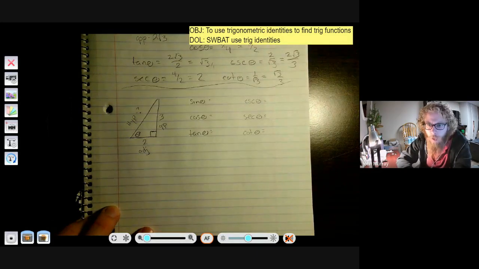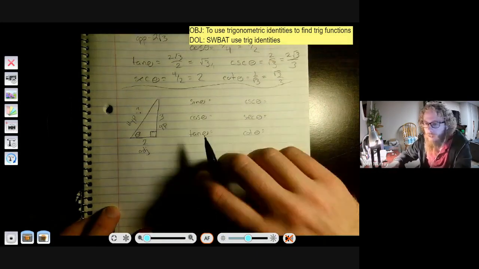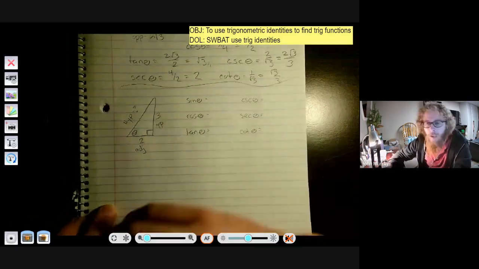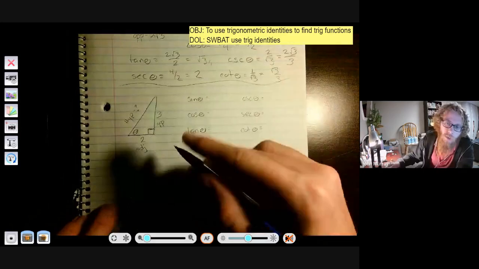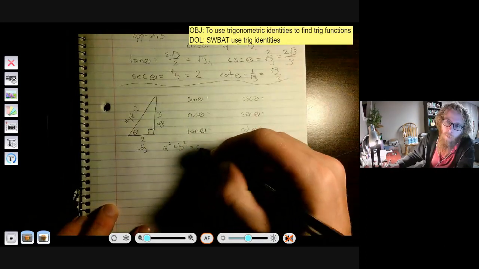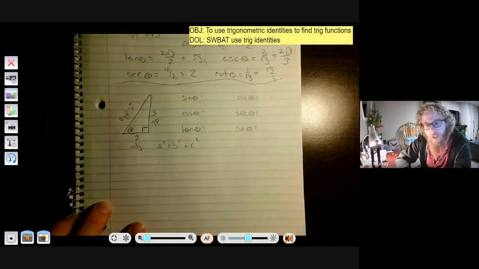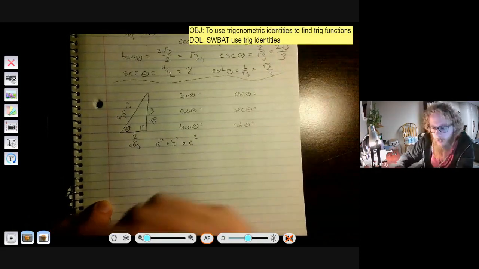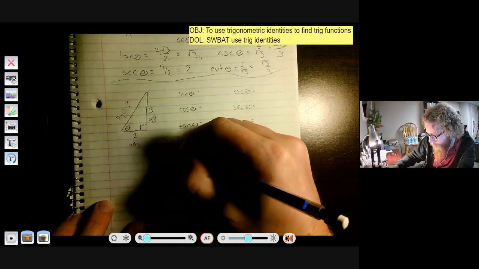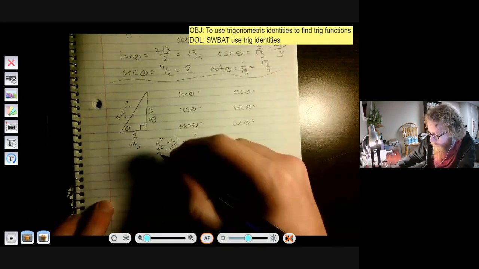Before I can find most of these, we have to find that third side. The hypotenuse is always our c in the Pythagorean theorem. So we have a squared plus b squared equals c squared. Plugging in what we know, 2 squared plus 3 squared equals c squared.